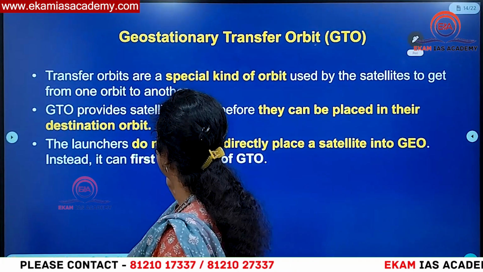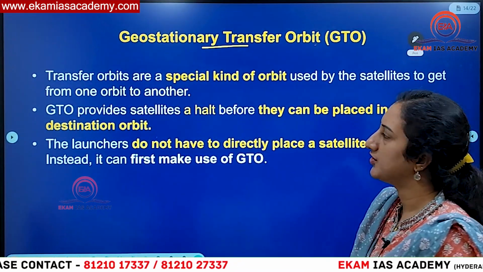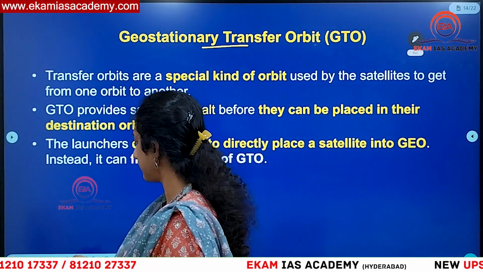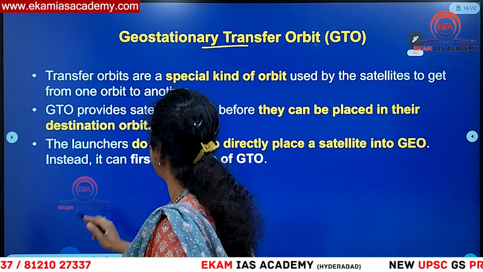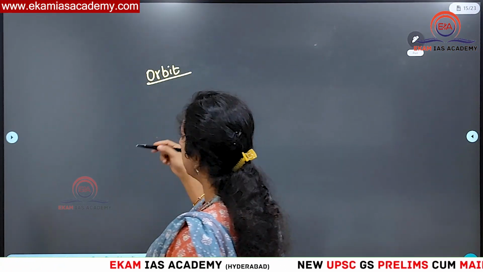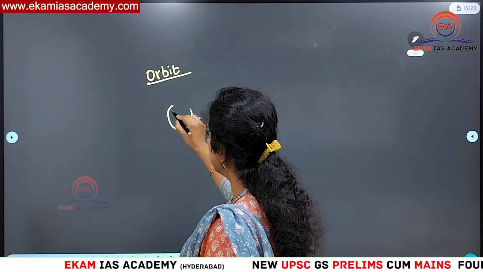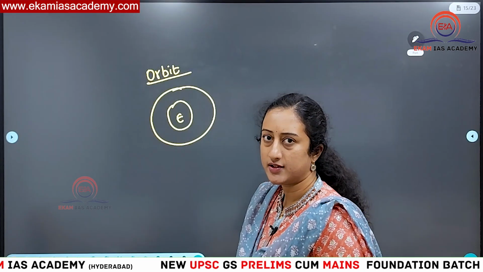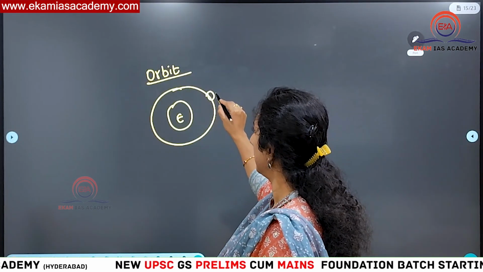Now we are going to discuss the GTO and GEO orbits. The first thing you have to know is, what does orbit mean? For example, consider this as the Earth, and Earth has a natural satellite which revolves around it, that is the Moon.